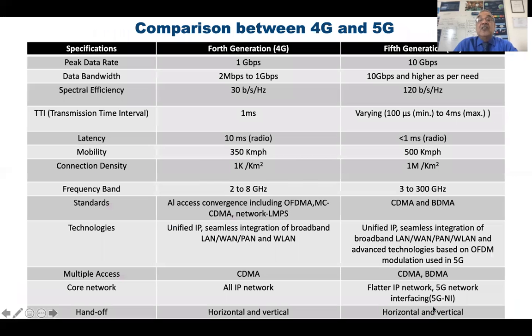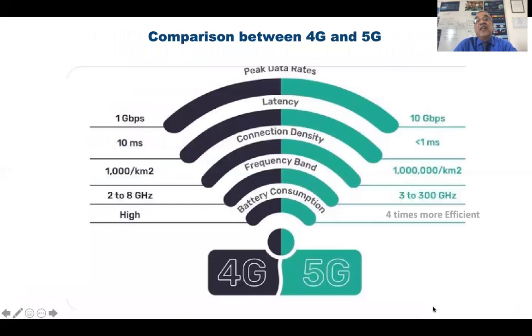I just want to show from here the comparison between 4G and 5G, because we are in 4G today and we are moving towards 5G. The main comparison points, as can be seen here, are in the peak data rates. Earlier we were talking up to 1 gigabit. Now we are talking beyond 10 gigabit.